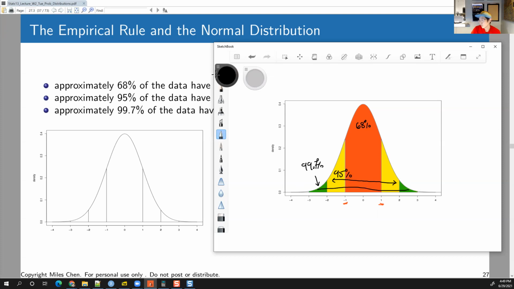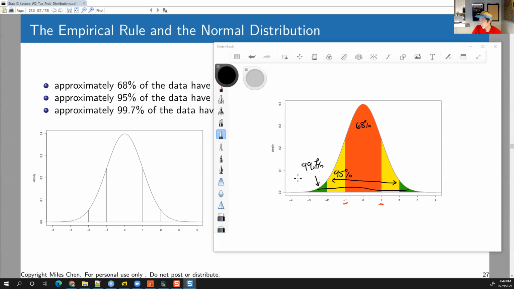That's the difference between 99.7% and 100%. Technically, it goes on to negative infinity and positive infinity. It's asymptotic as it goes out. It's just so close to zero that it's hard for us to even represent in the picture. But this is the idea here.